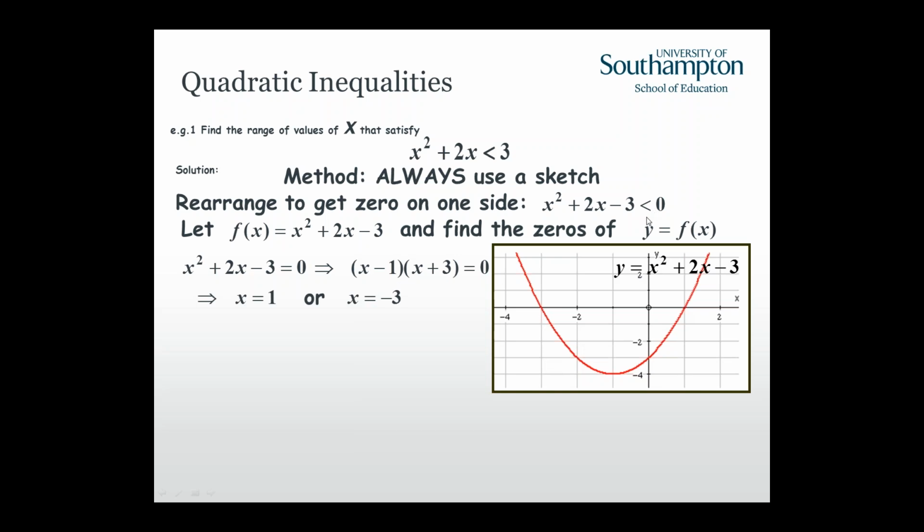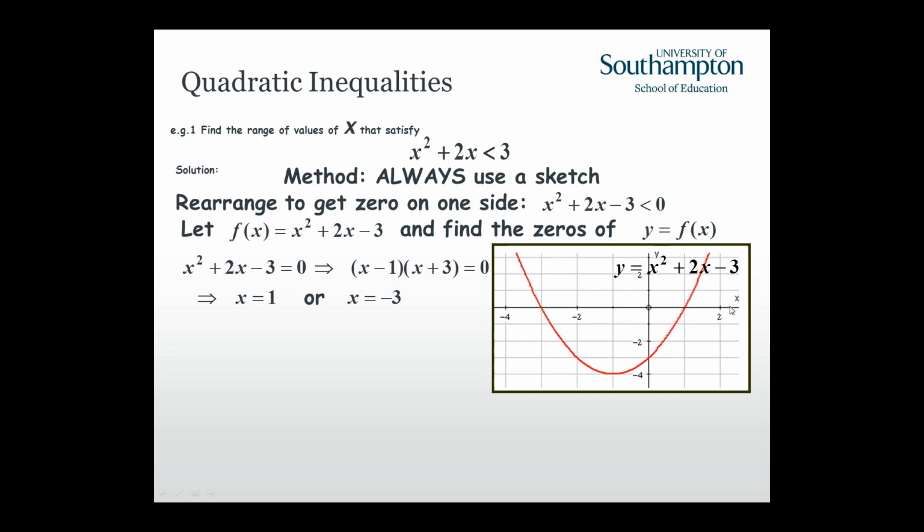We are trying to solve the inequality where the graph is less than 0. Now that 0 is basically the y value. So what we're saying is we want to know when y is less than 0, when the graph is under 0. So this is where y is 0 here.